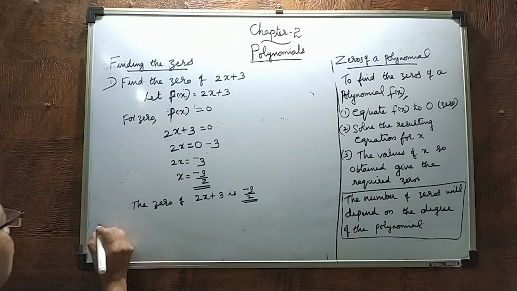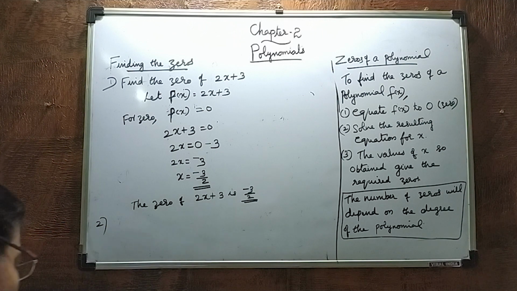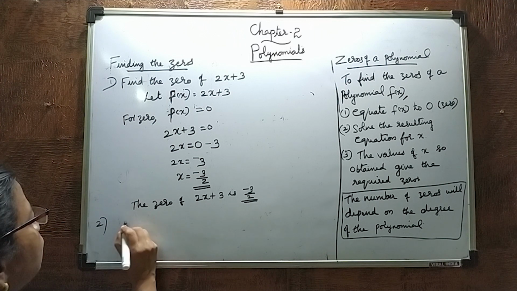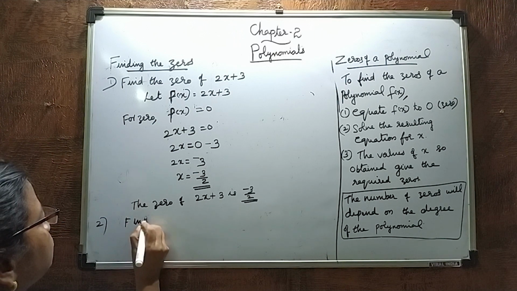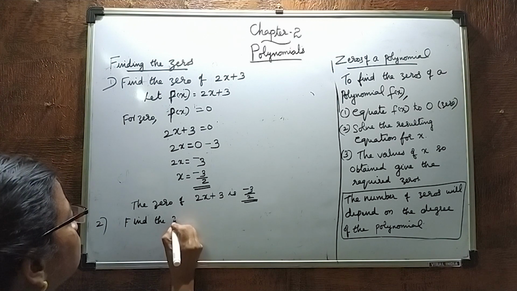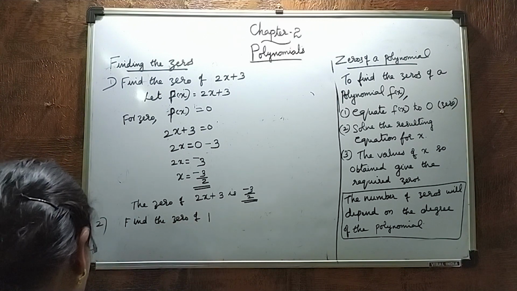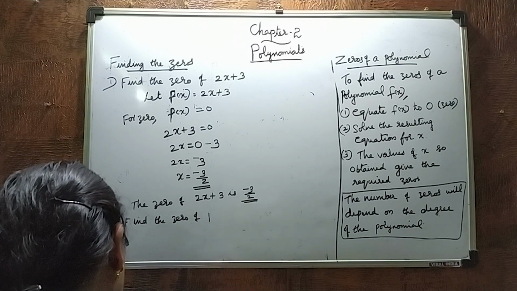So next, one more question we will do, for the linear polynomial. Suppose it is, find the zero of 5x minus 7.